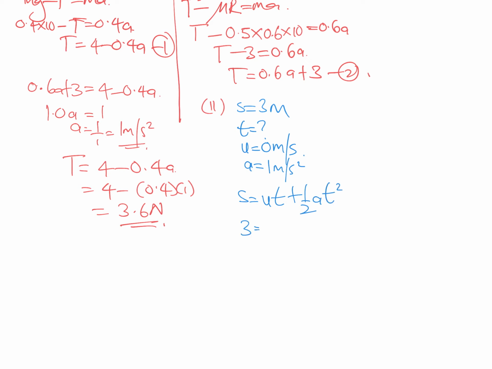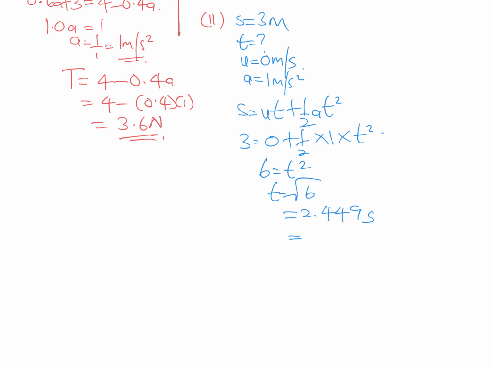So 3 equals 0 plus half times a, which is 1, times t squared. Therefore 6 equals t squared. t equals square root of 6, which is 2.449 seconds, and if I round that to 3 significant figures, I have 2.45 seconds.